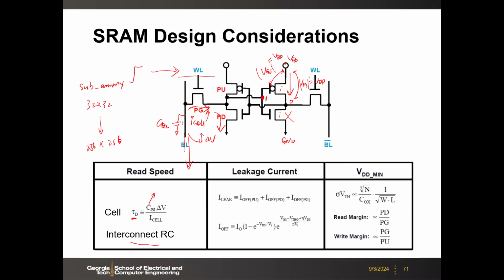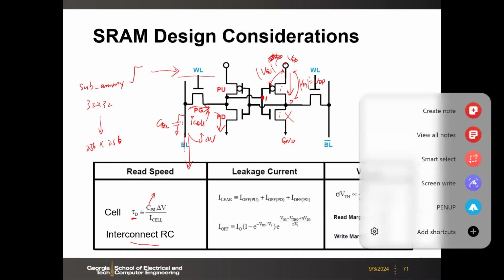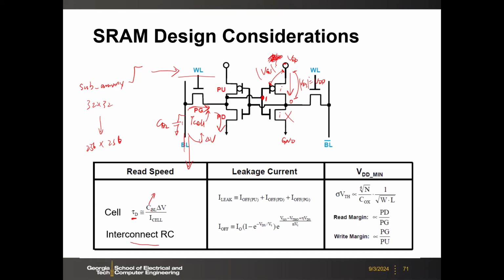So the PMOS transistor, sorry, I made it wrong. Okay, so here, this is 0. This is 0 because this is VDD. And then the PMOS VGS is 0. So even though the VGS is 0, the VDS is non-zero.